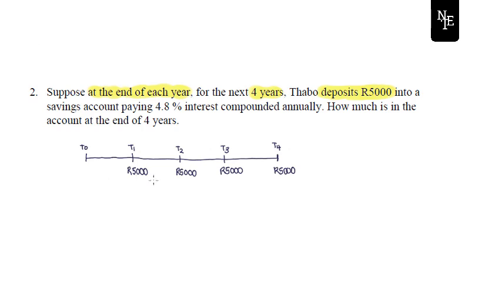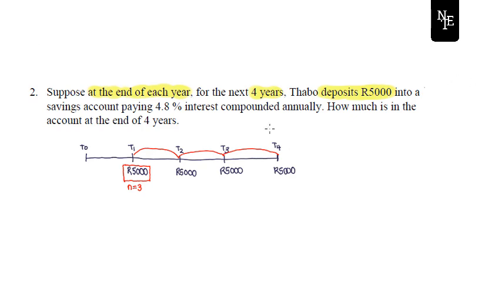If we consider this first 5,000 Rand, this one over here, T1, it's going to be in this account for 1, 2, 3 compounding periods. So the N for this 5,000 Rand is equal to 3.